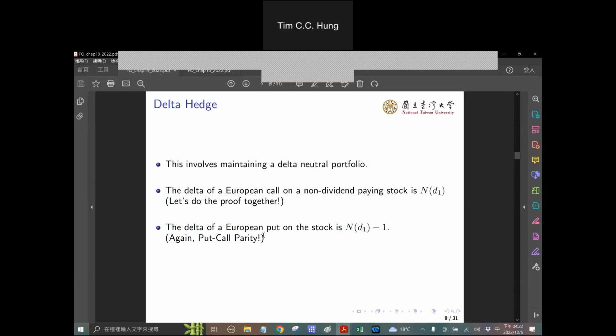Just basically we change the exponent to d2 squared. We replace this thing. Yeah, we're almost there.